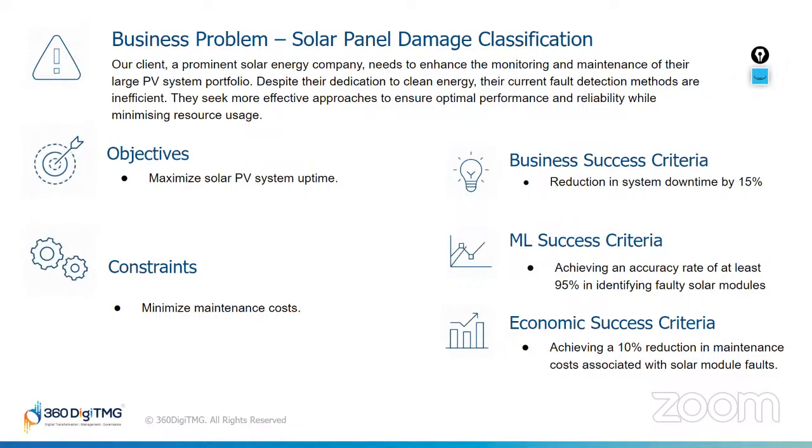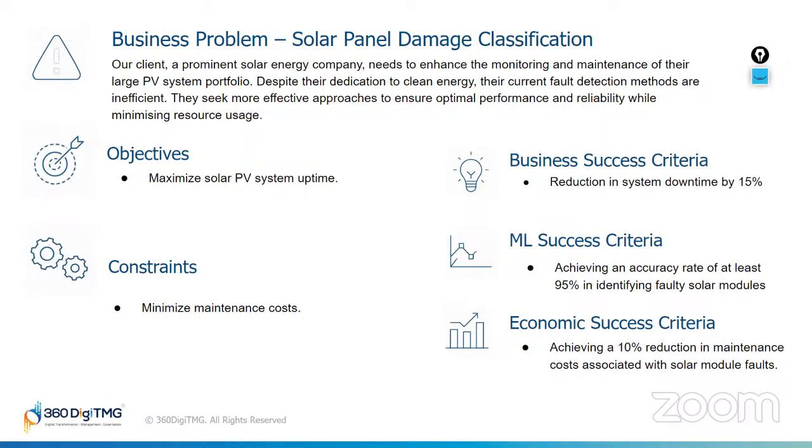The company aims to maximize the uptime by implementing a sophisticated detection system that leverages cutting edge deep learning techniques like computer vision. This is the business problem, and our main objective is to maximize the solar photovoltaic system uptime while also minimizing the maintenance cost.